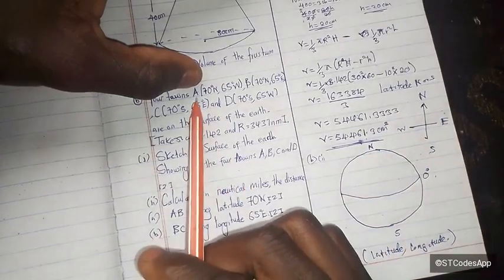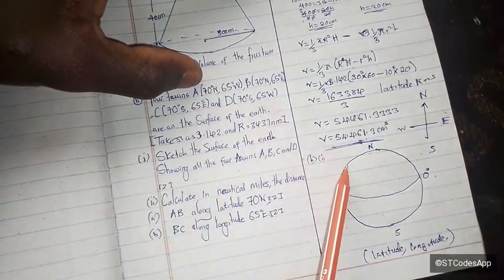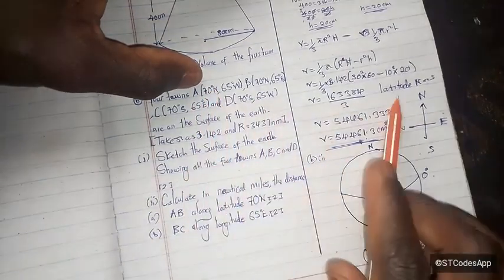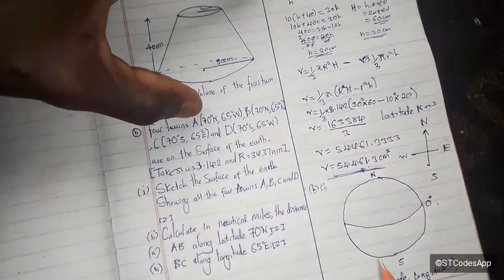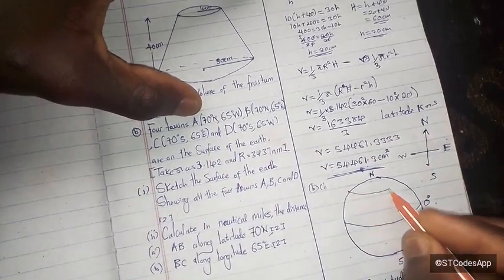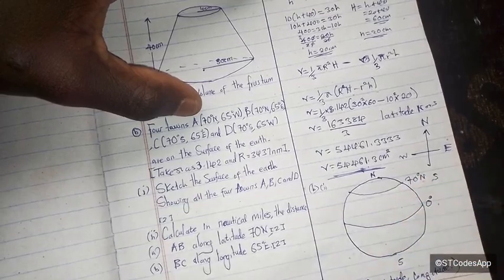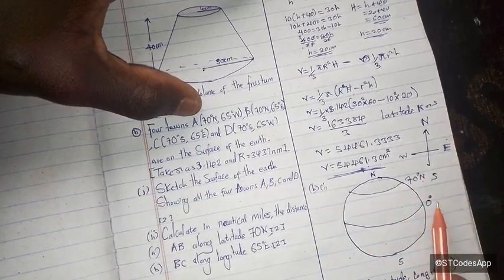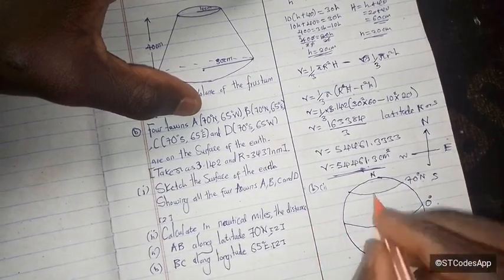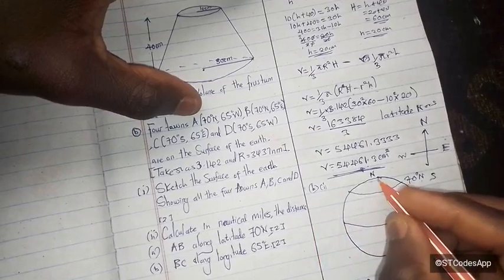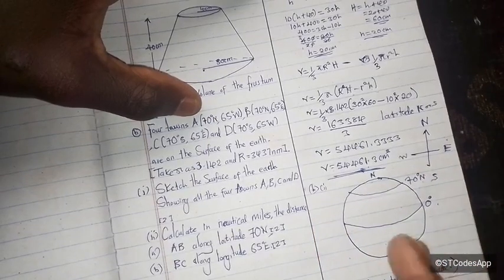Okay. So as for the first one, it's saying 70 degrees north. So I'm going to draw the line. Latitudes can be north or south. So I'm going to say this one here is going to be my 70 degrees north, like this one. Now, here I was saying this one here is the east side, and then this one here is the west side. So the Greenwich meridian or prime meridian also divides the east side and the west side.